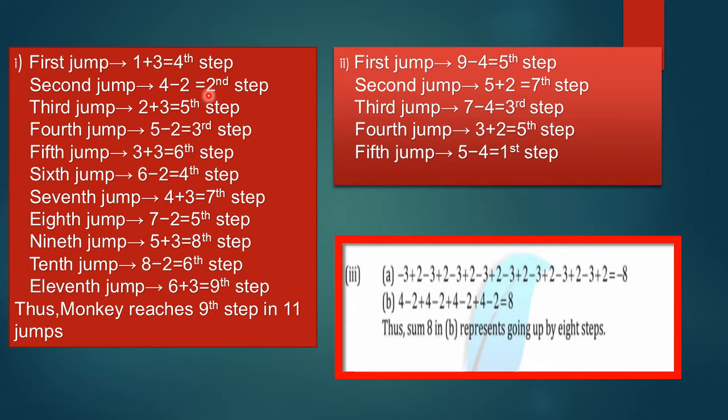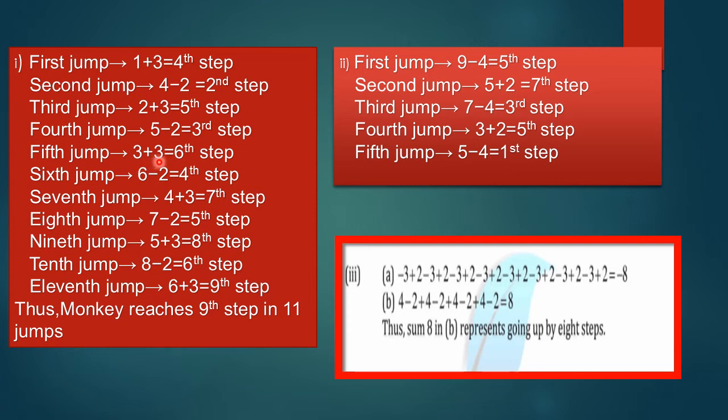Now from the second step, in the third jump, he goes 3 steps forward. 2 plus 3 equal to the fifth step. Then again the fourth jump, he comes back by 2 steps. So 5 minus 2 equal to the third step. Then the fifth jump, from the third step again goes 3 steps forward.